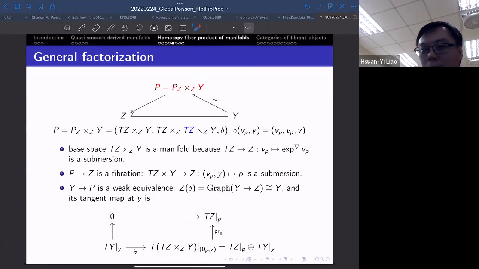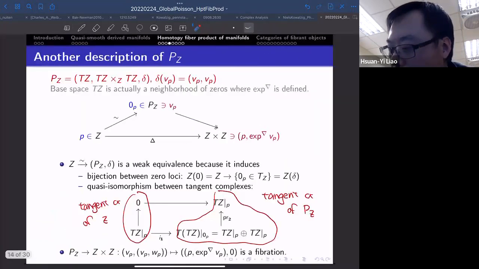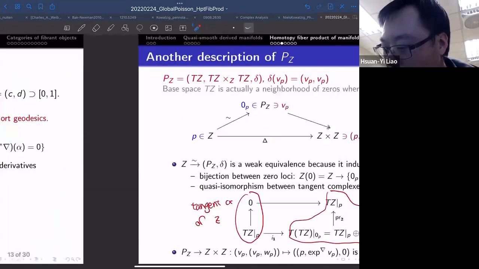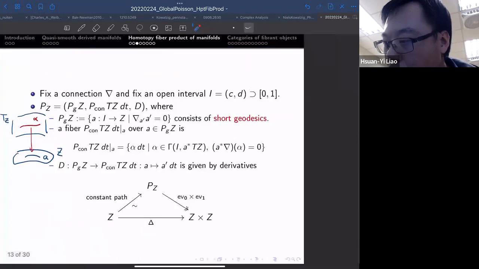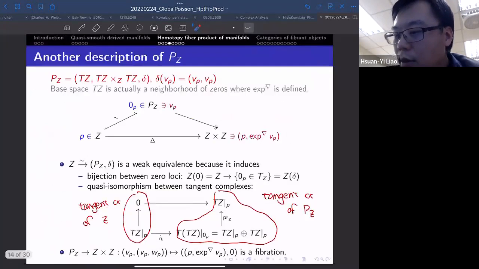Yeah, this is how we get around the Z to Z. Where is my Z? TZ, so the map is here.